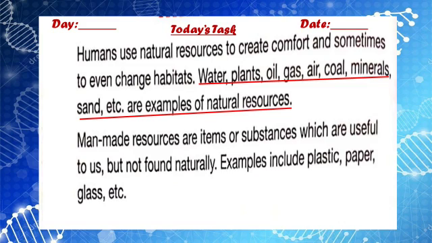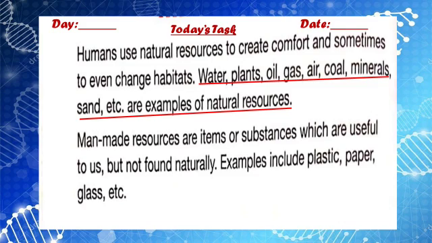Natural resources are resources that exist without any actions of humankind. This includes all valued characteristics. On Earth, it includes sunlight, atmosphere, water, air, land, etc. Man-made resources are items or substances which are useful to us but not found naturally.